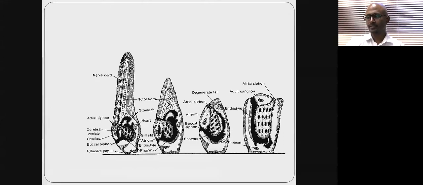So this is a classic example of one of the primary purposes of having a nervous system or a brain, which is locomotion. And why do animals have to locomote? Unlike plants, animals do not produce their own food. So they depend on other animals or plants.